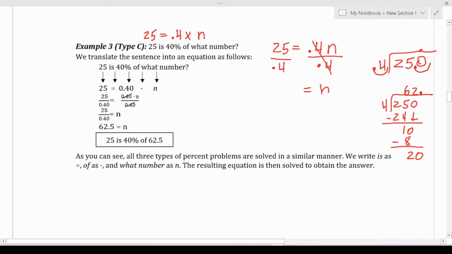When we add that 0, we're going to bring up a decimal. 4 goes into 20 5 times without going over, given that 4 times 5 is 20. So we can see there's no remainder. In other words, this is 62.5. So n in this case is 62.5.